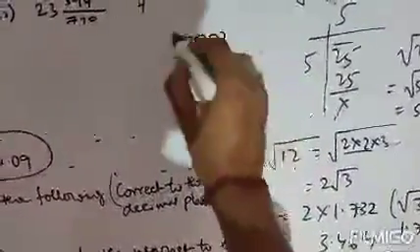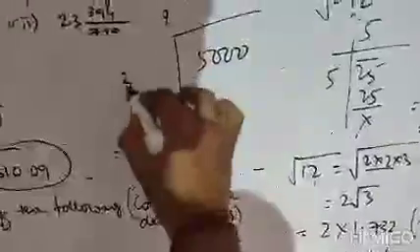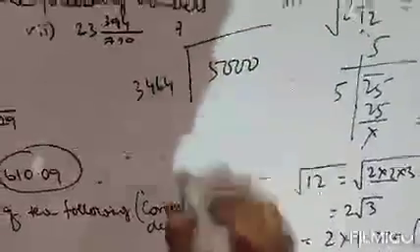Clear? So 5000 just divide by 3.464. While dividing, just keep in mind that after decimal we will take 4 digits. Because the question says correct to 3 decimal places, only 1 extra digit will be taken.